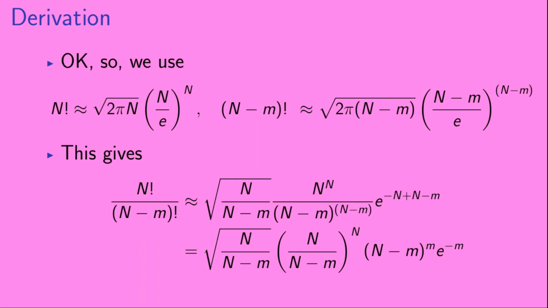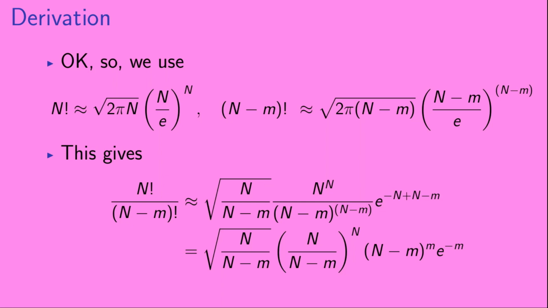Okay, so we're going to use that n factorial is approximately equal to the square root of 2 pi n times n over e raised to the n power, and that n minus m factorial is approximately equal to the square root of 2 pi times n minus m, times n minus m over e raised to the power of n minus m.